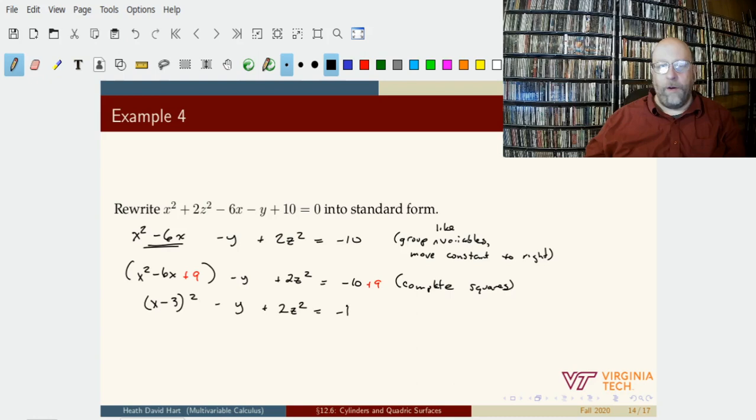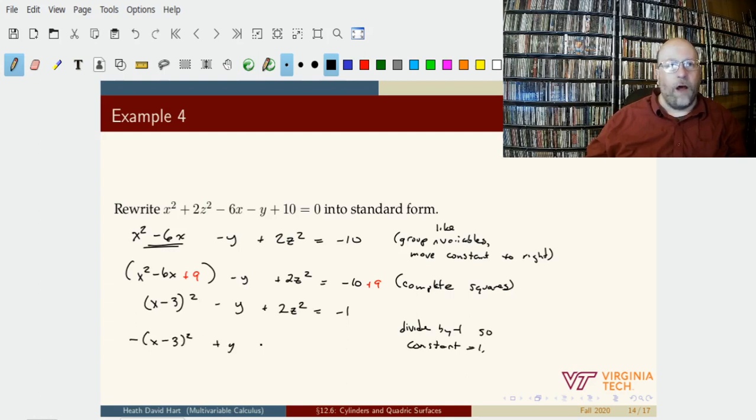So I'm going to get rid of the negative sign by dividing by negative 1. So the constant is equal to 1. And so this will give me negative x minus 3 squared plus y minus 2z squared equals 1. And this is standard form.